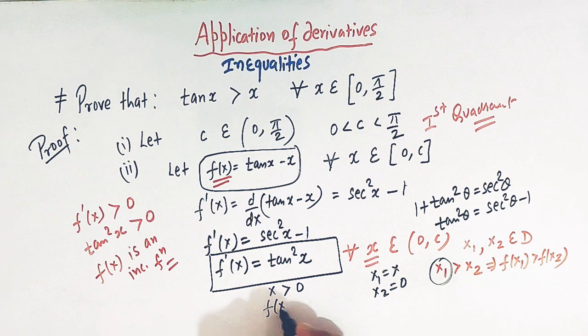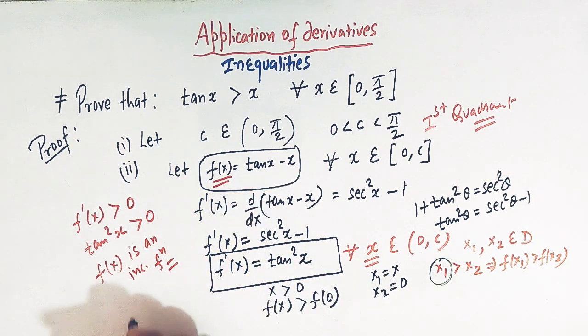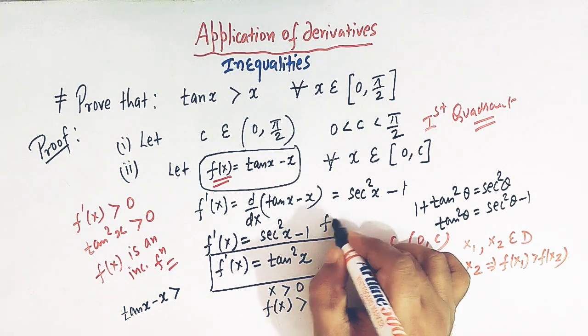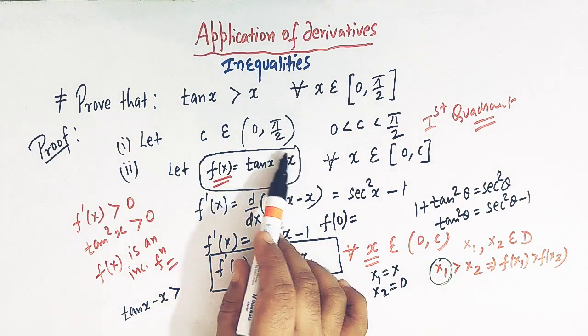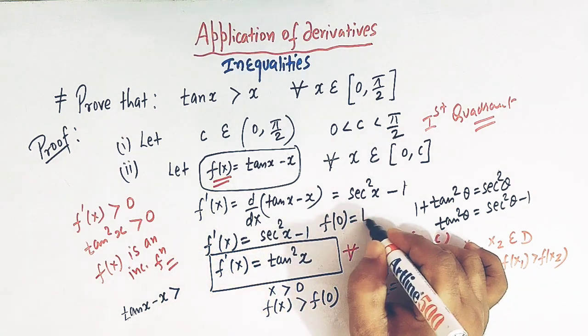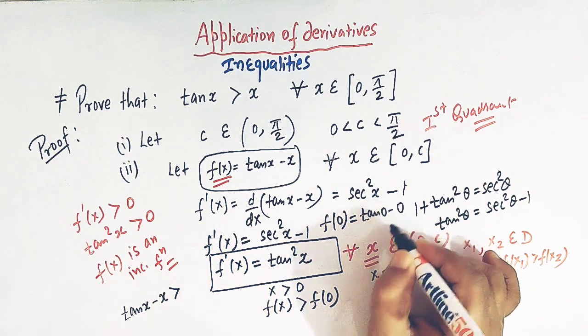So we should have f of x greater than f of 0. We can see that f of x is equal to tan x minus x, and f of 0 can be obtained by taking x equal to 0 in this function. So f of 0 is tan 0 minus 0.